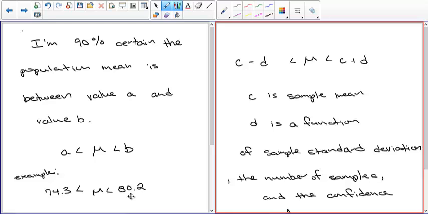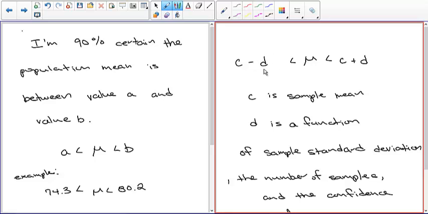So in all these procedures we're going to do, the sample mean is what they say is the best estimate of the population mean. But beyond that, we want to say now with a certain level of confidence that the population mean is between two numbers, which involve the sample mean minus something and the sample mean plus something.